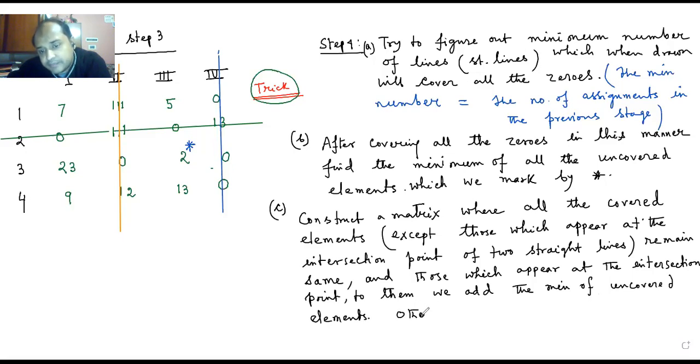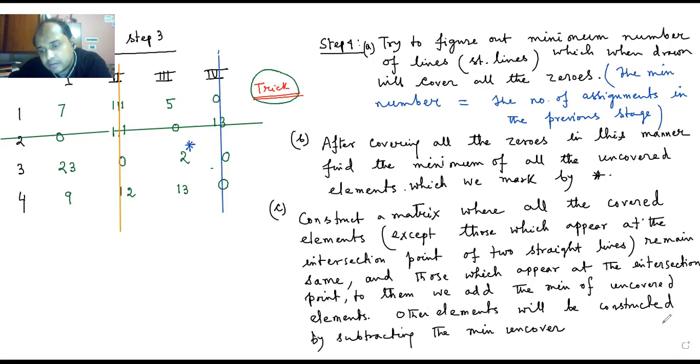Other elements will be constructed by subtracting the minimum uncovered element from them, including itself.